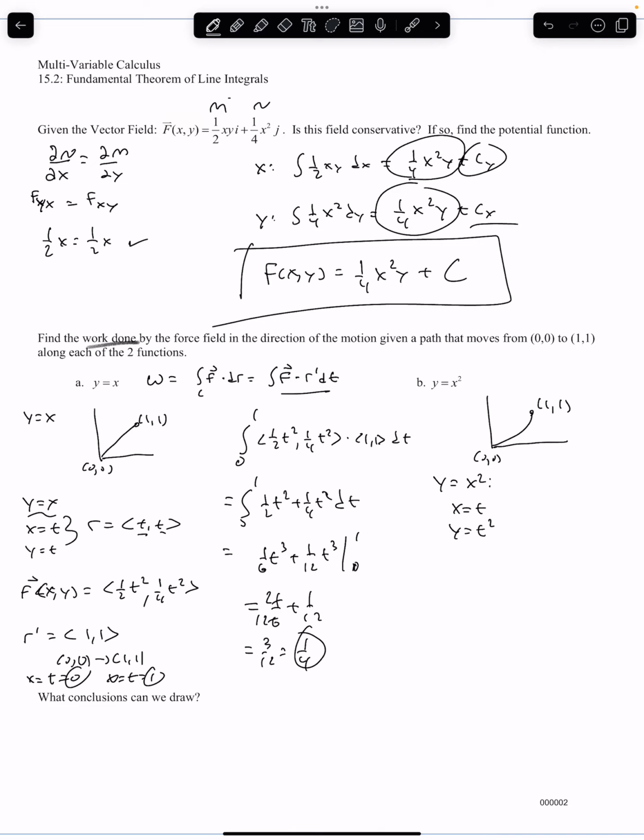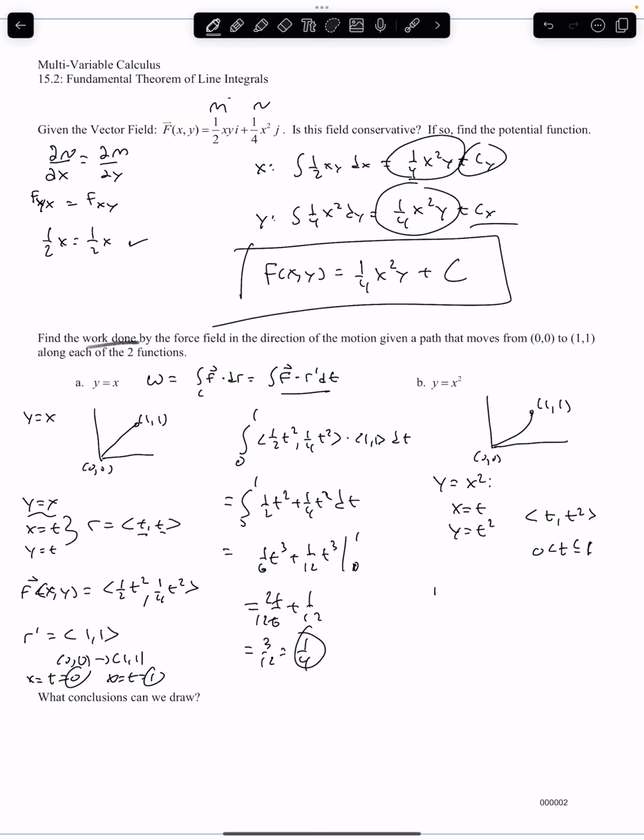I will need their derivatives again, because remember, this is my path, (t, t squared). t is also going to go from 0 to 1, because if I let x be t, x starts at 0 and ends at 1. So we're going from 0 to 1 again.